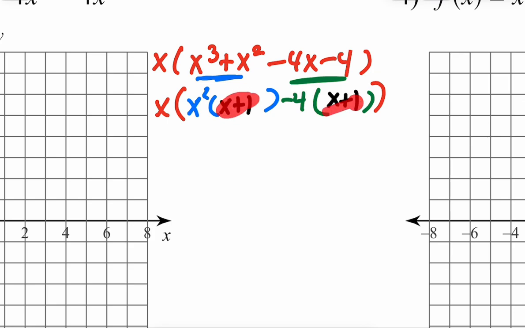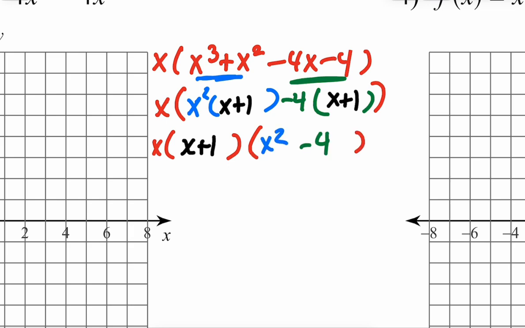So I'm going to remove that stuff. When I remove that stuff, I am left with x squared minus 4. Okay, so it allows me to find a hidden gem, a hidden little factor.